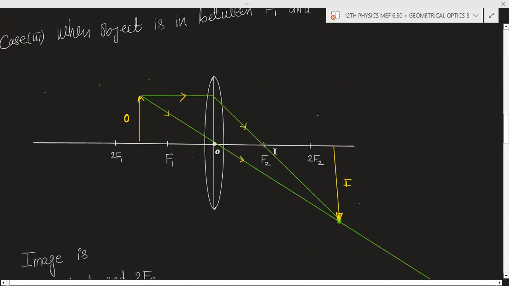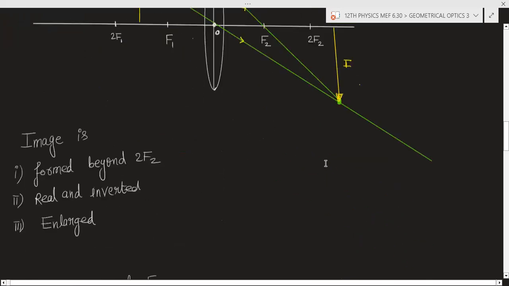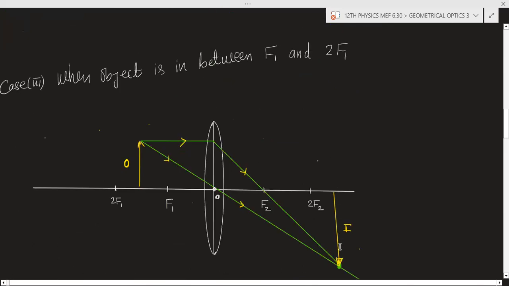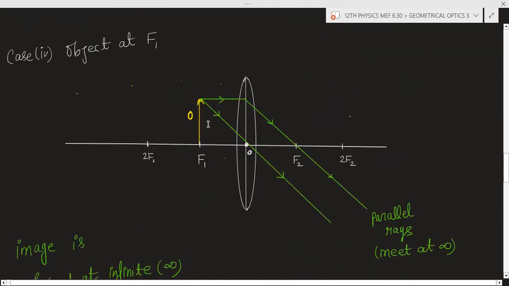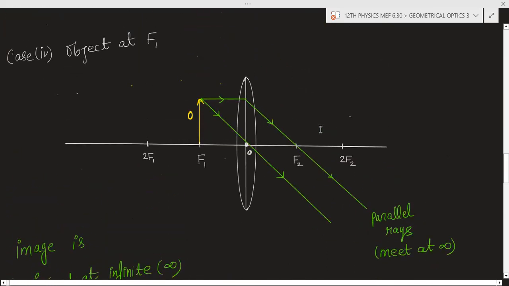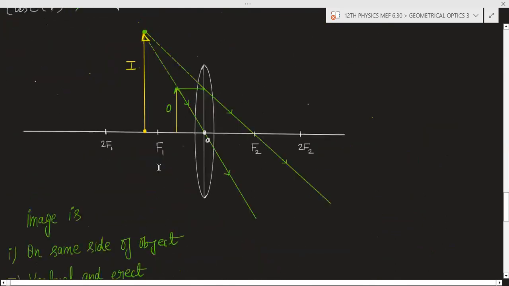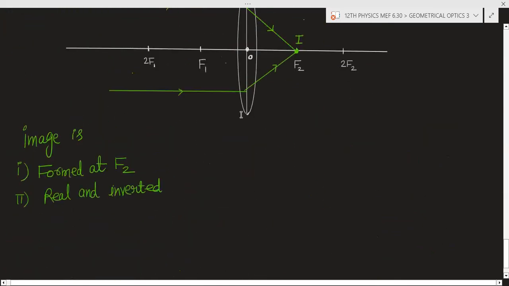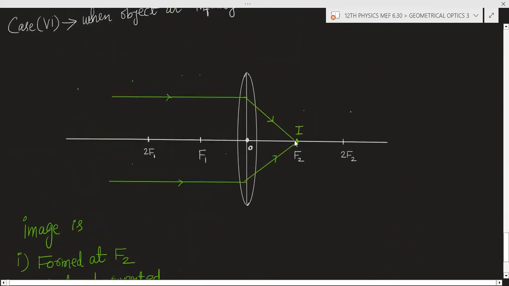You have shifted the object here, the image is shifted beyond F2, and here the image is inverted also. And when you finally place the object at F1, the image is shifted to infinity. And here also the image will be inverted. So on the basis of that, you can say this point-sized image will be an inverted image.